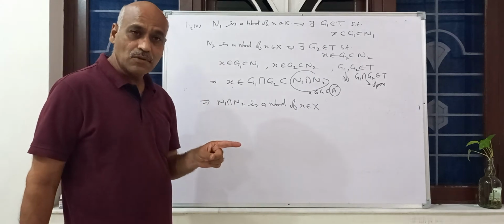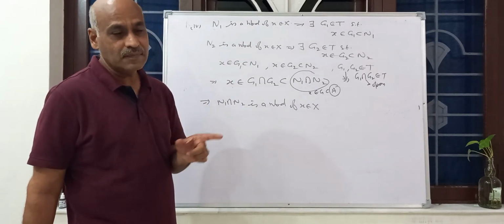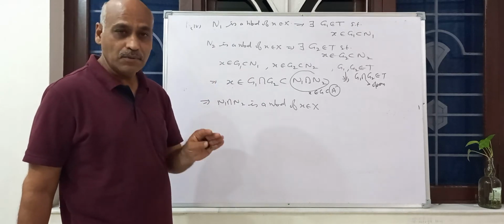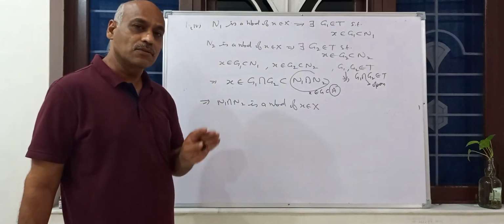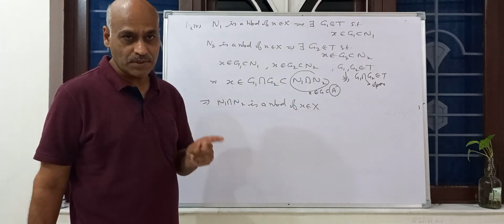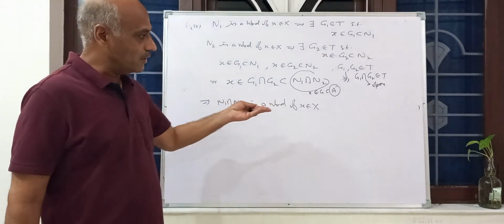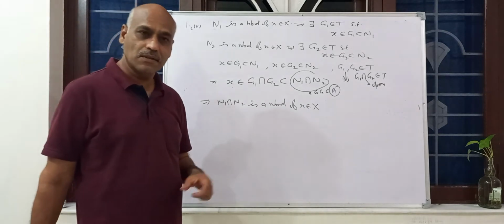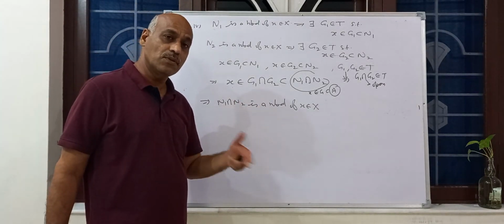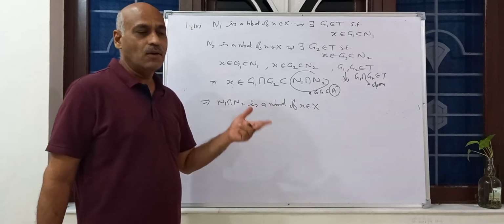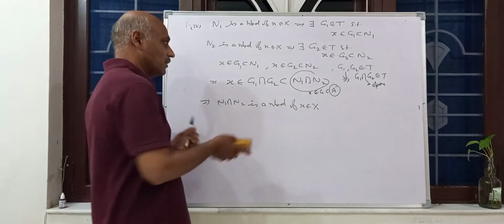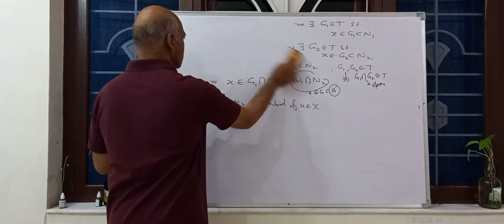If N is a neighborhood of x, then x belongs to N. A superset of a neighborhood is also a neighborhood, and the intersection of two neighborhoods is also a neighborhood. We will use these in examples. So we'll take one more example here.